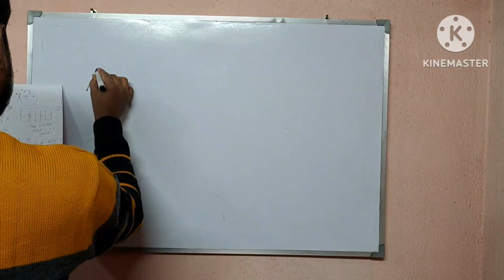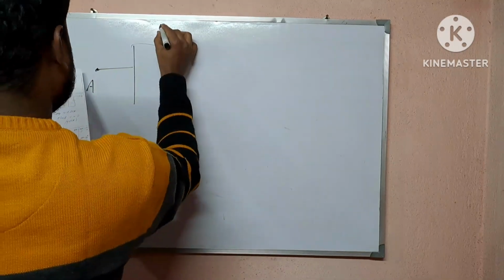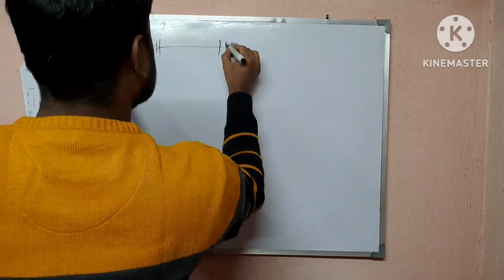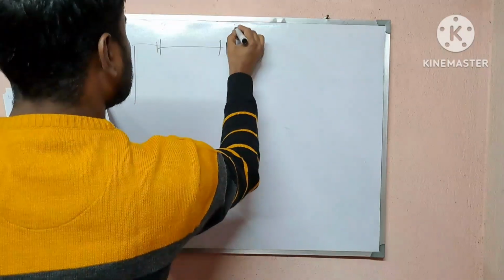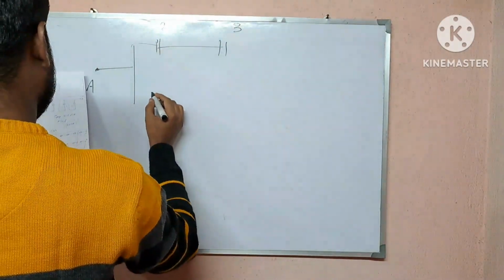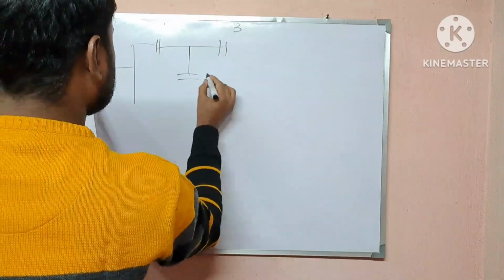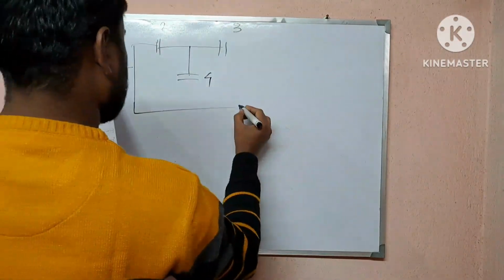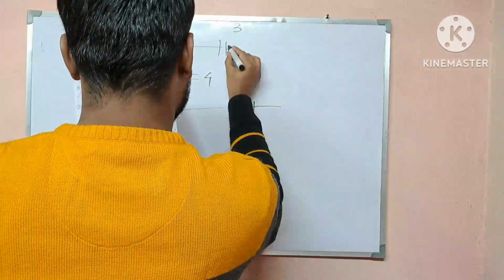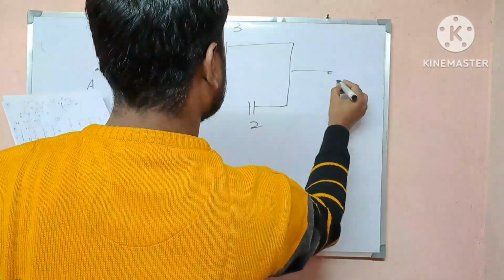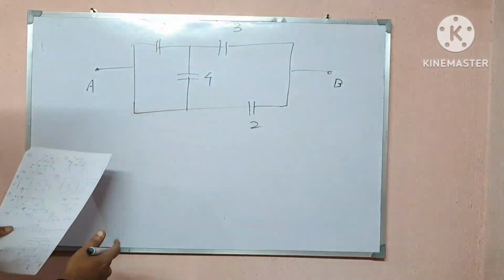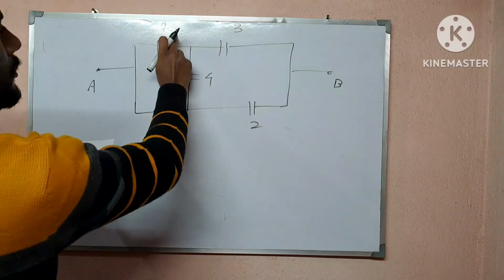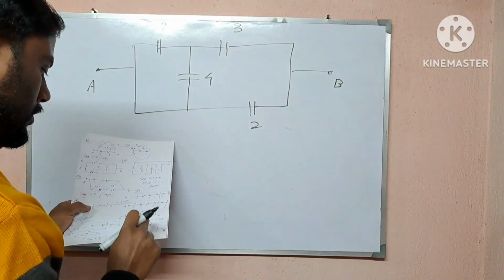If that point is A, that one is 2, that one is 3, that one is 4, that one is 2, and that one is B. We just have to connect all these: 2, 3, 4, 2, 2, 3, 4.